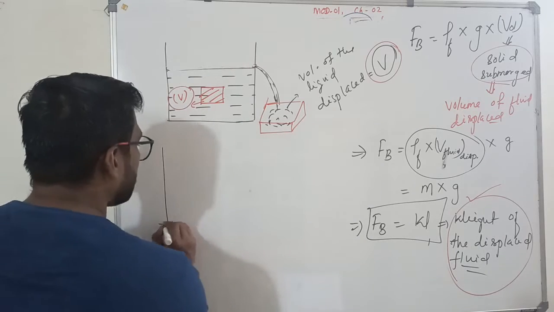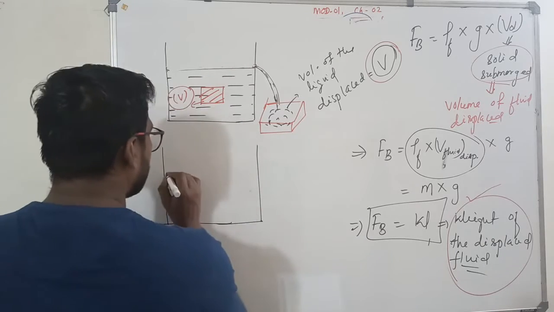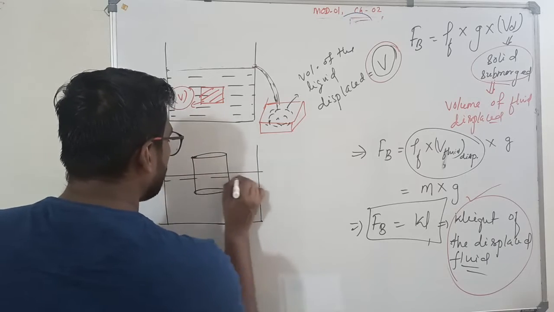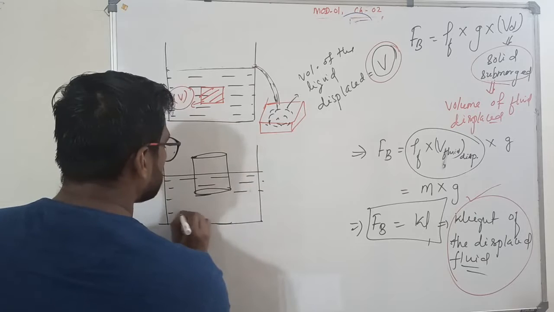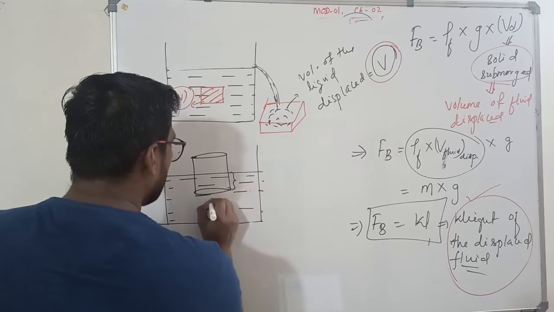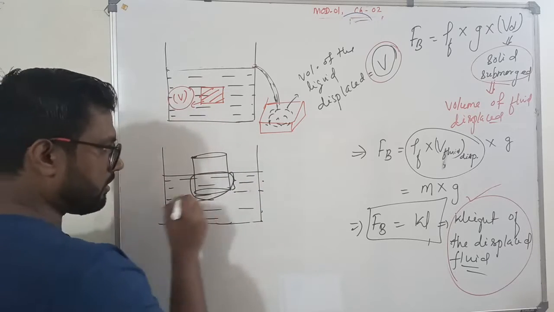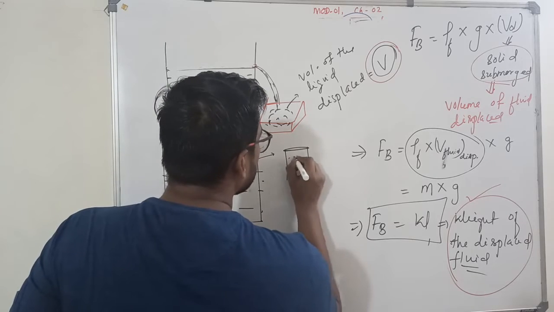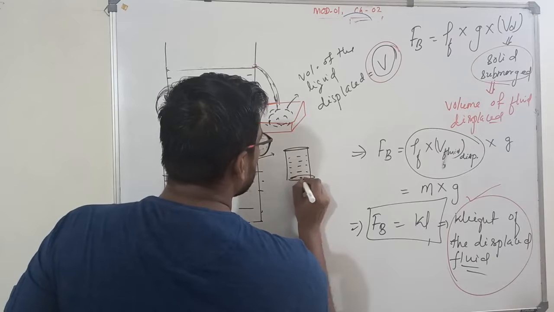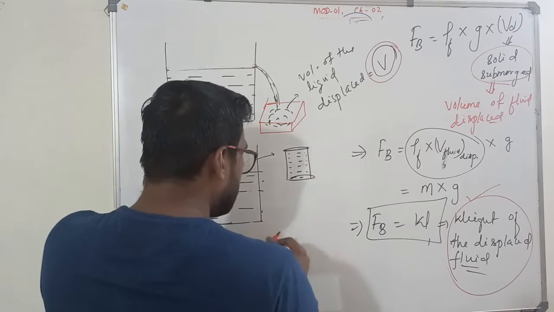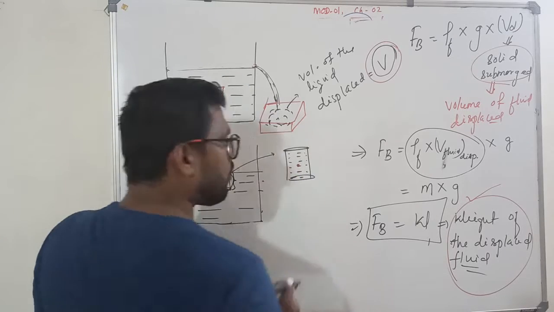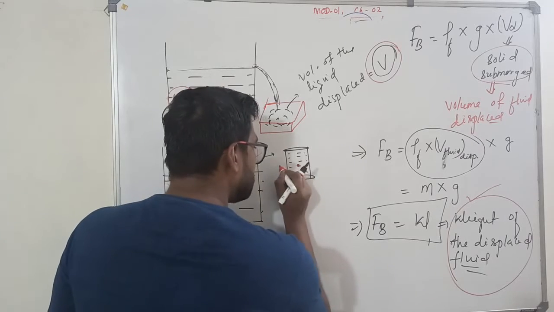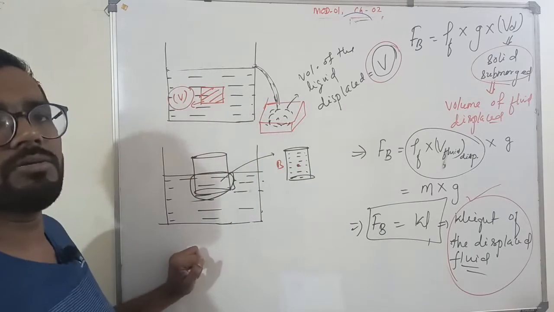You can take one more example. Take a cylinder here. Now only some portion of the solid cylinder is submerged, only this portion of the cylinder. If I take this out and make it a volume of liquid, then the centroid of this submerged fluid, this much part, the centroid of this is your B, that is your center of buoyancy.